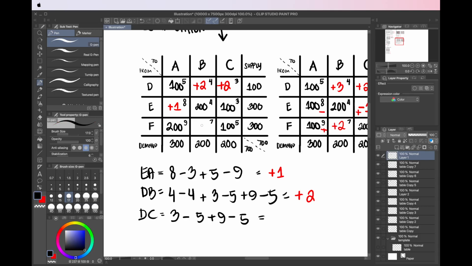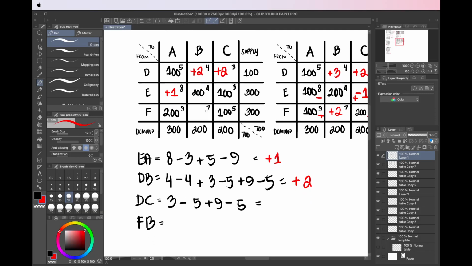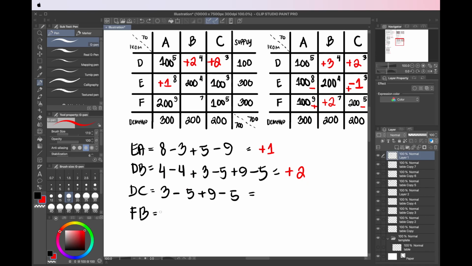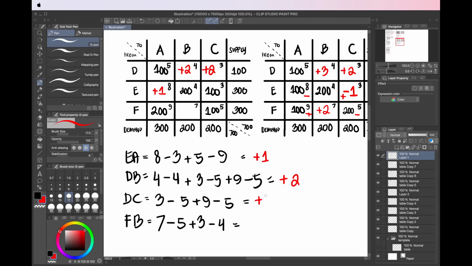Now, last but not least is FB. So FB is not complicated because its adjacent cells have entries, right? So we just do the following loop. Just the usual. So 7 minus 5 plus 3 minus 4, it's positive 1.